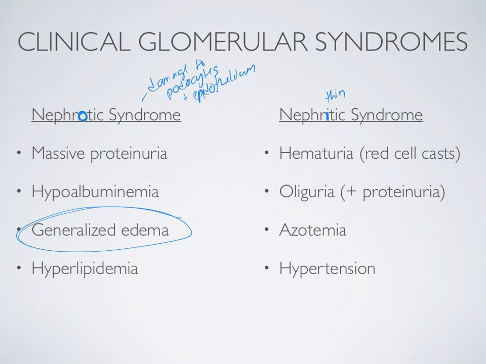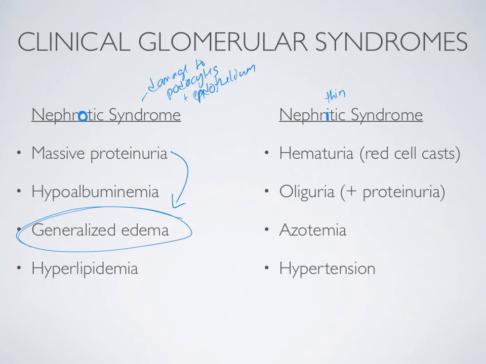As that protein leaves the blood and they end up peeing out their protein, now you've lost the osmotic pressure in the blood in the rest of the body. So low protein in the blood causes that osmotic pressure to go down. Remember that osmotic pressure is holding water in the blood vessel, whereas hydrostatic pressure pushes it out. Now you don't have as much osmotic pressure, and fluid leaks out of the blood vessel in the whole body. So that's how the proteinuria leads to generalized edema.